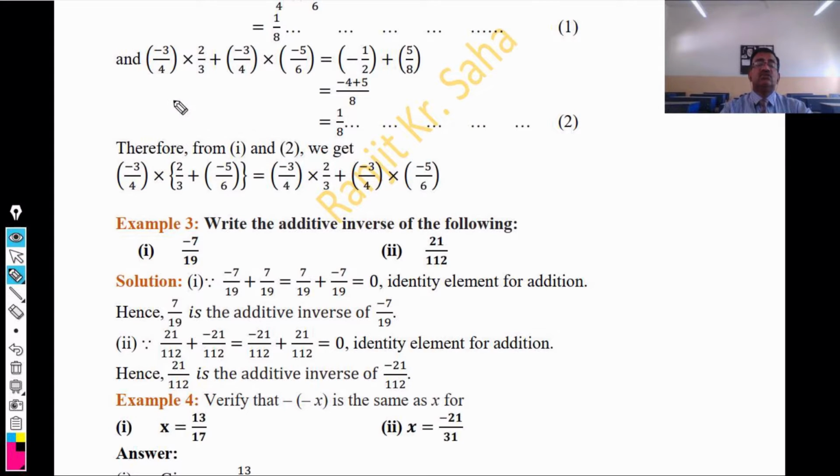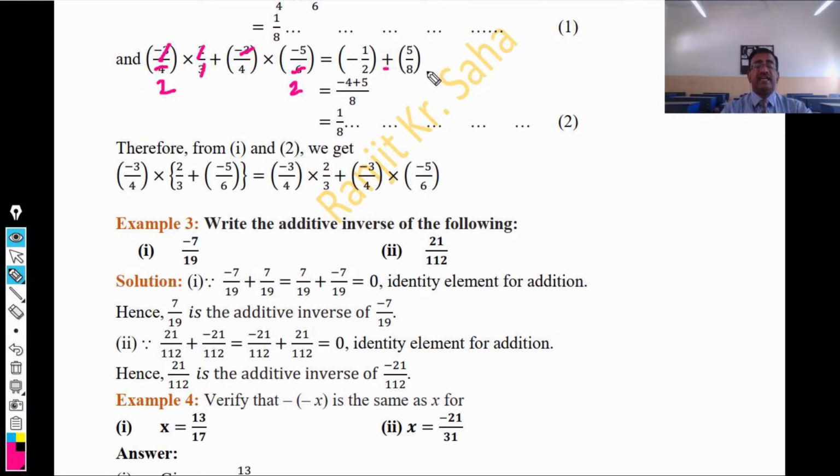Then you know minus into plus is minus, and here you can cancel 3 and 3. Here 2 and 4 becomes minus 1 by 2. And in the second part, plus, cancel here 3 and 6, it is 2, minus into minus is plus, and 5 times 2 is 10, no, 5 into 4 over 2 into 8 becomes 5 by 8.